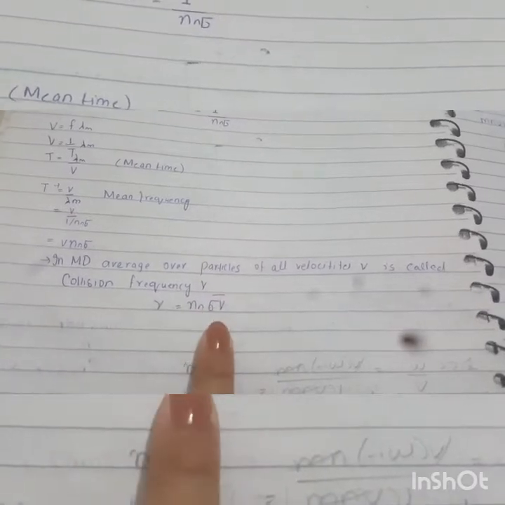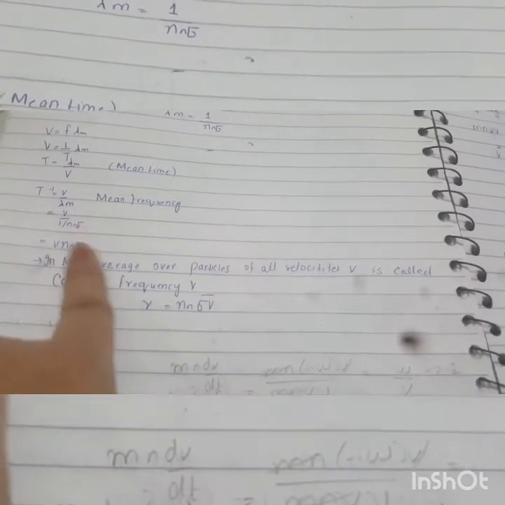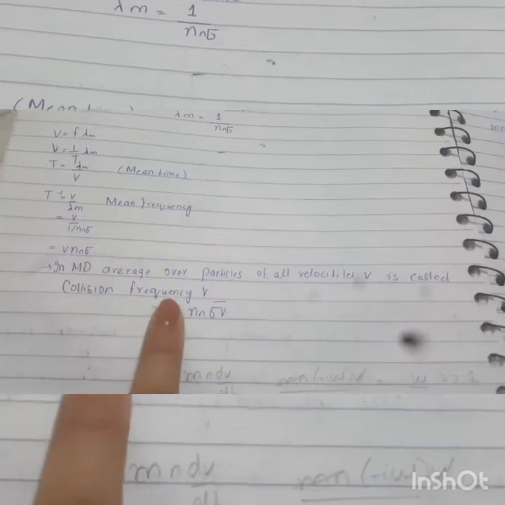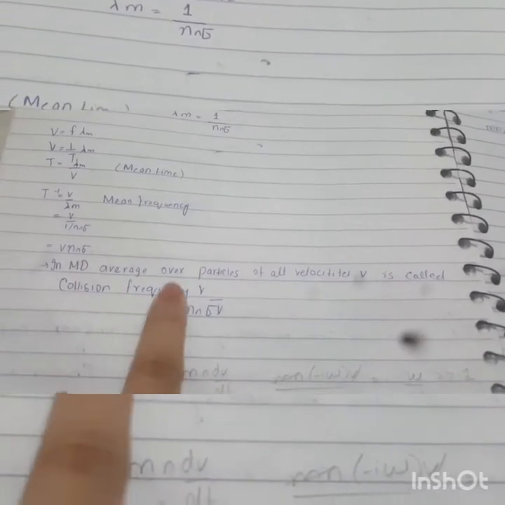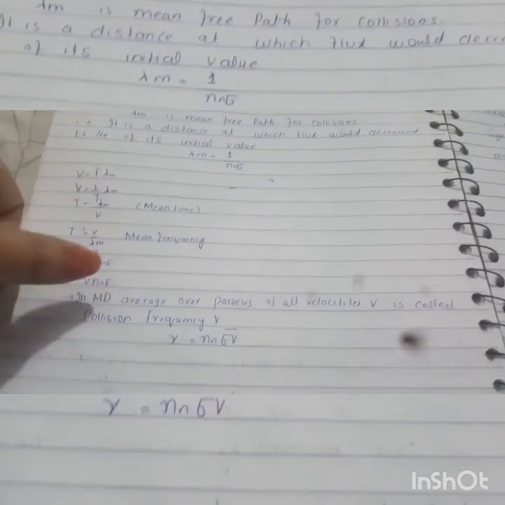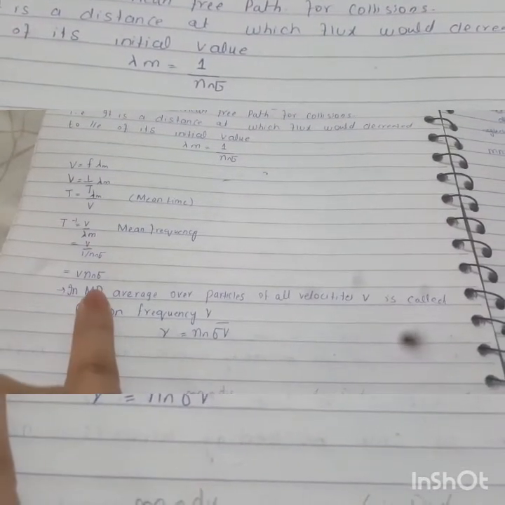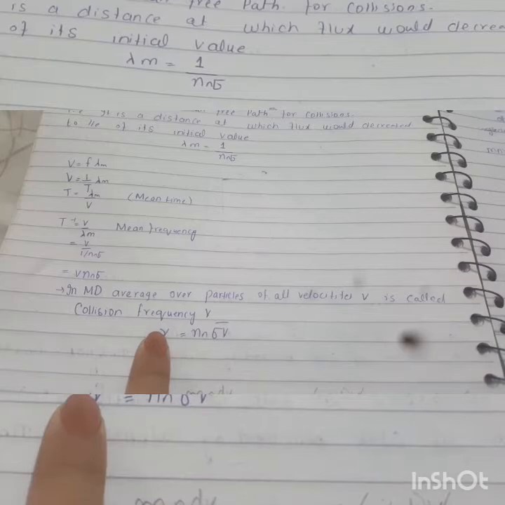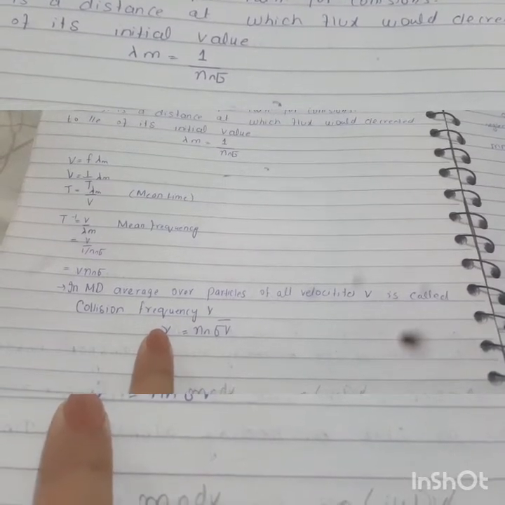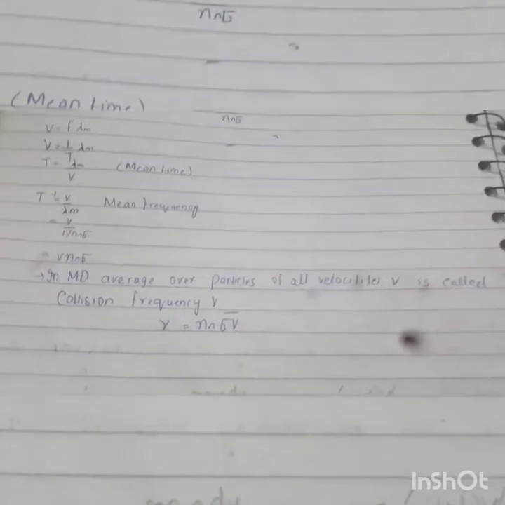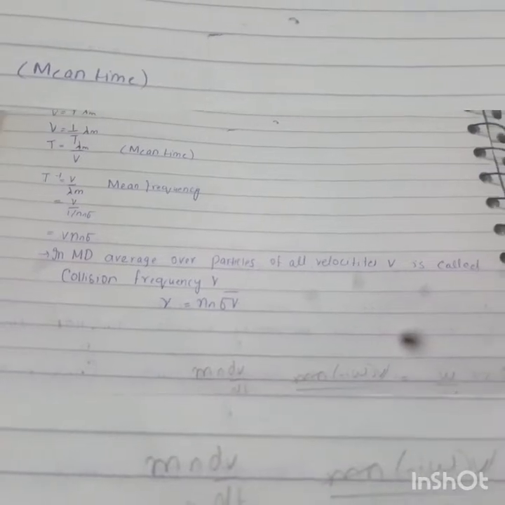Gamma is equal to this. Meaning to say that we want to calculate the collisional frequency, so that's why we have done all these steps. This is nothing but gamma, the representation of collisional frequency.